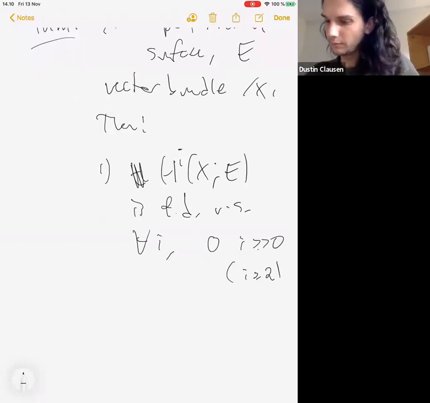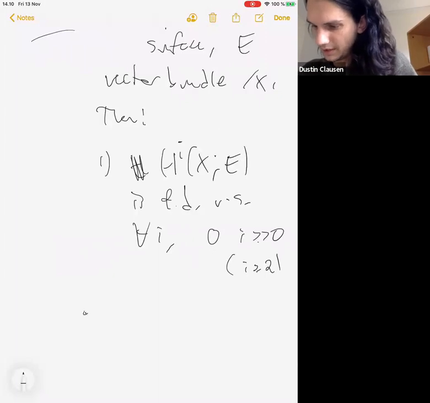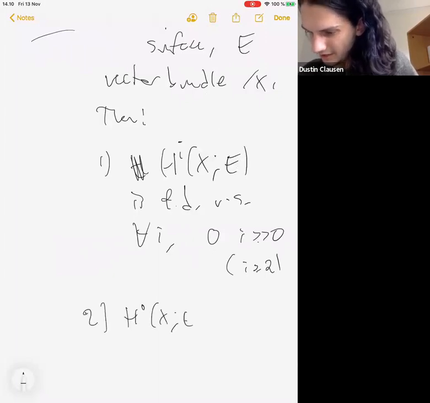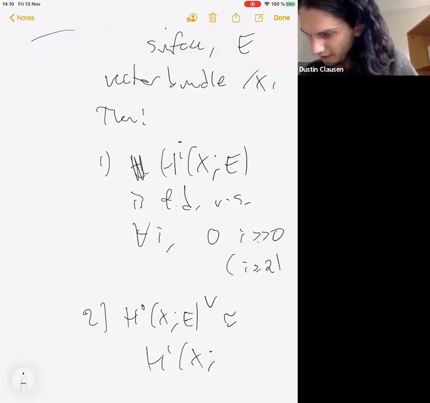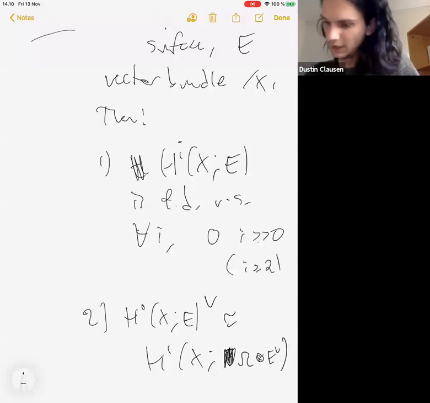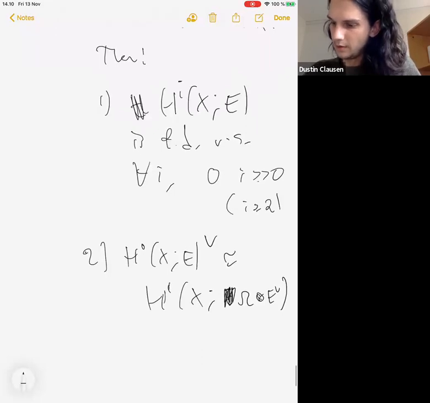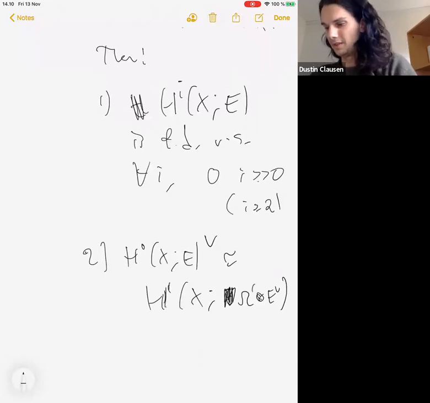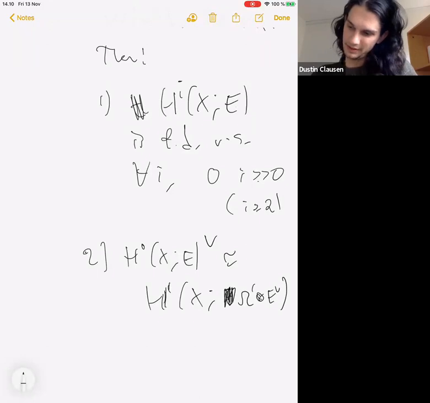And the second thing is that if you take H^0 of X with coefficients in E, this is in duality with H^1 of X with coefficients in the vector bundle of one forms tensor the dual.